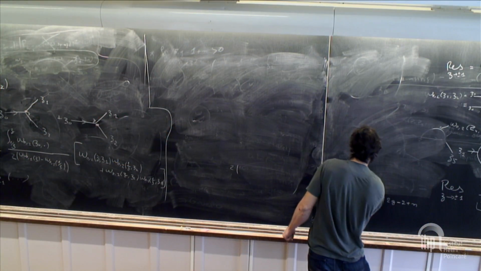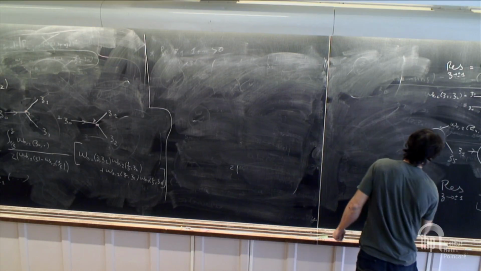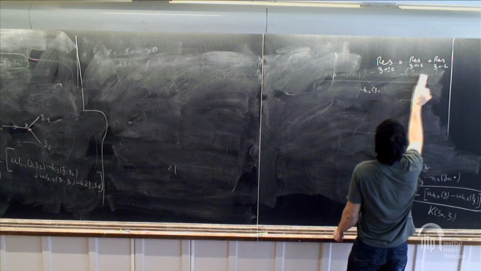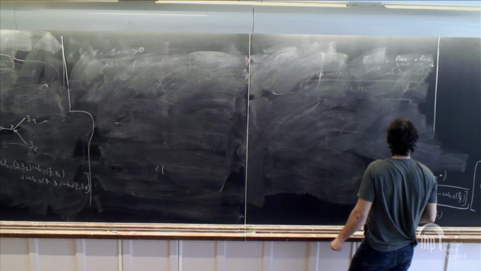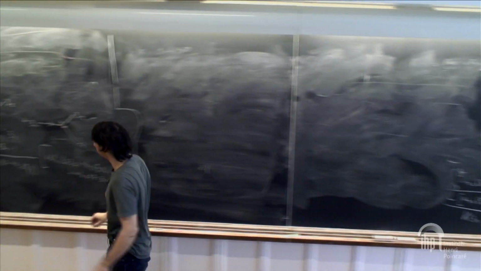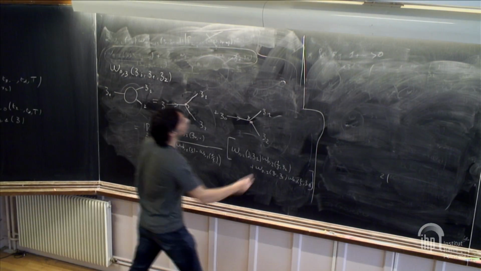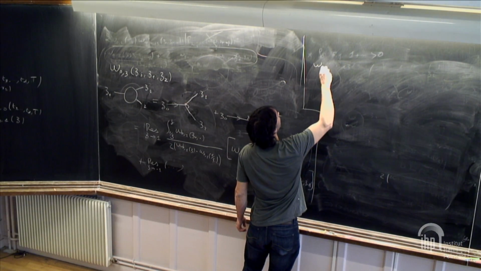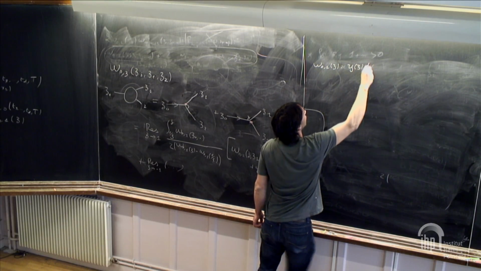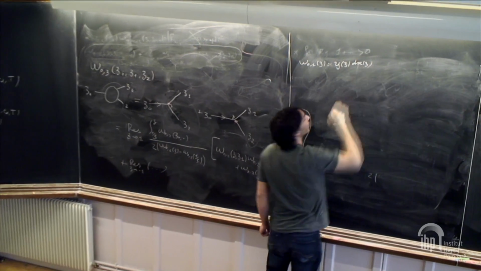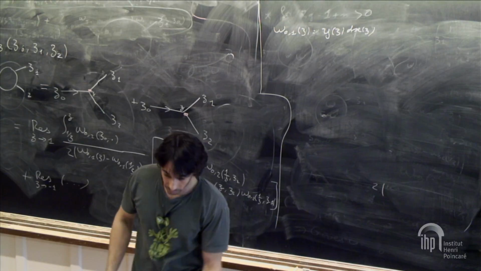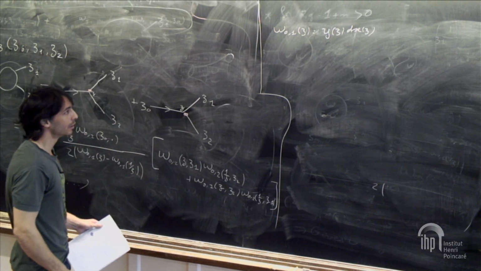Now you've got some explicit expression of omega 0,2 in terms of Z: dz1 dz2 divided by (z1 minus z2) squared. And omega 0,1, you write it as y of z dx of z, where you've got an expression of y and x as rational functions of z, coming from the previous lecture.